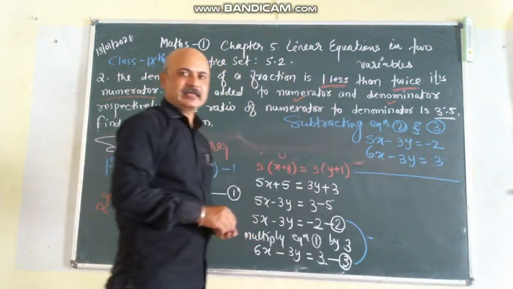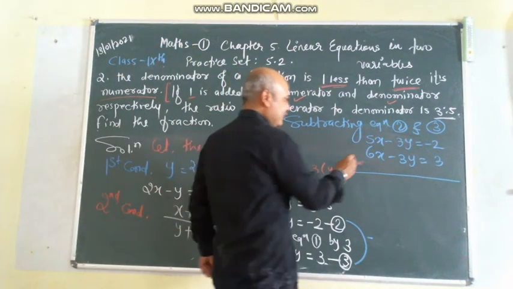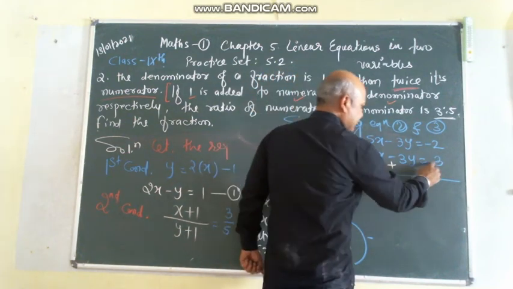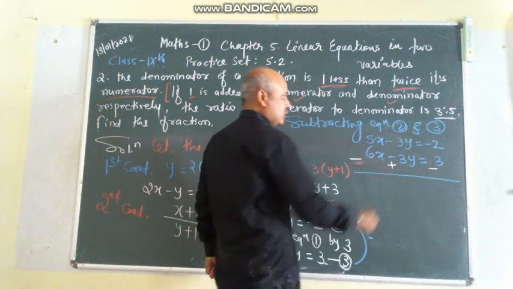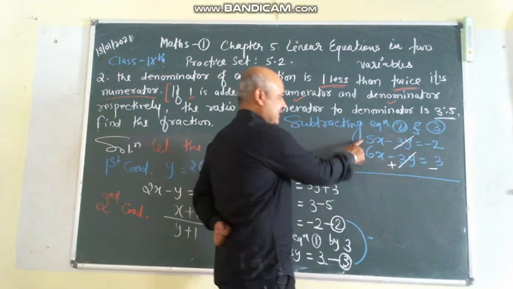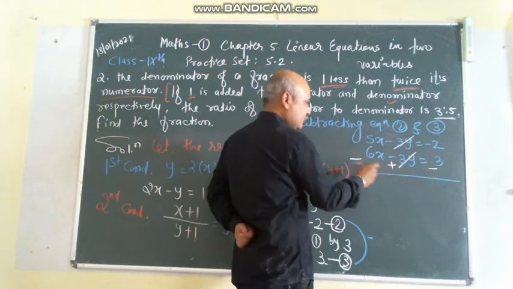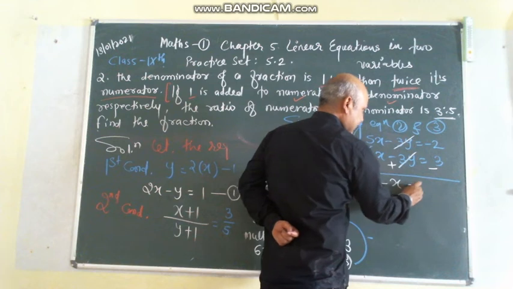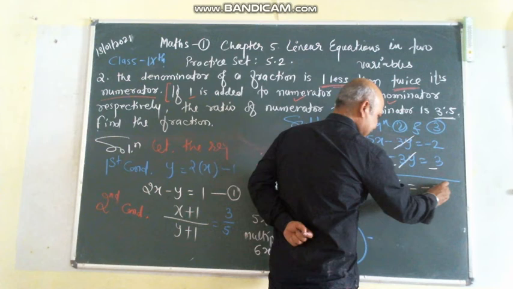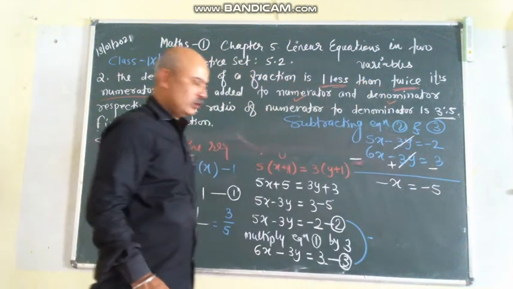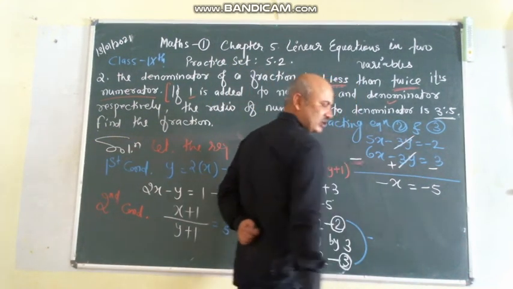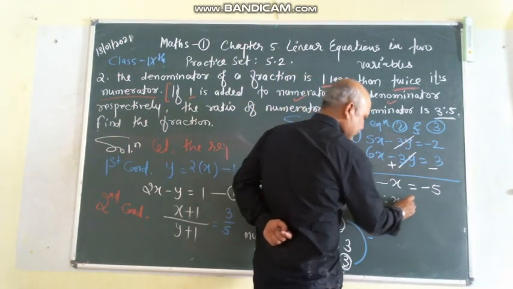We are going to subtract the second equation, so the signs will change. This plus becomes minus, this minus becomes plus, and this plus becomes minus. Now minus 3y and plus 3y will cancel out. This is plus 5x, this is minus 6x, so you will get minus x, and this is equal to minus 2 minus 3, which becomes minus 5. Both sides have a negative sign, so the negative signs cancel with each other. Therefore x is equal to 5.